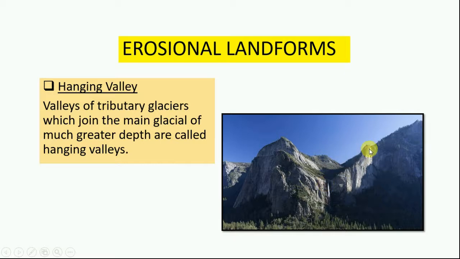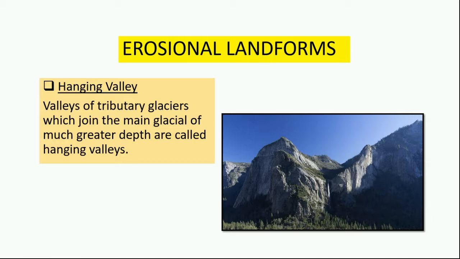And if there are various other tributaries of those glaciers or rivers flowing towards this main valley, it basically feels like a hanging structure over this main deep and broadened valley. So when valleys or tributaries of glaciers join the main glacial valley from other sides as a tributary valley, that is how a hanging valley forms.